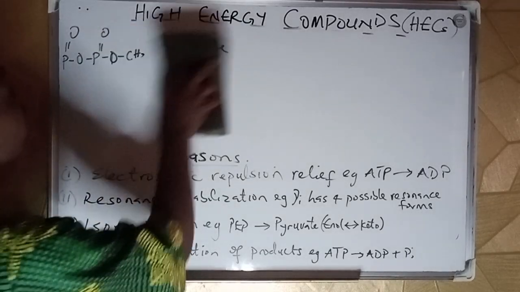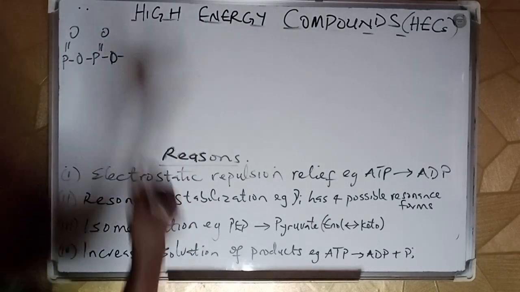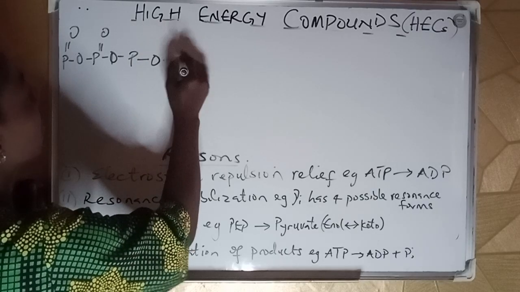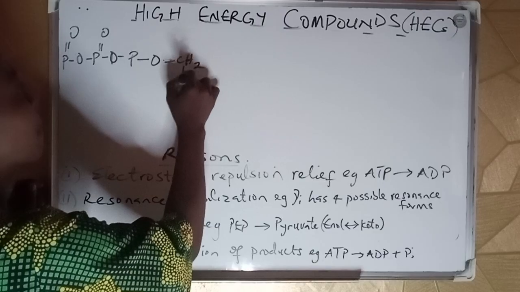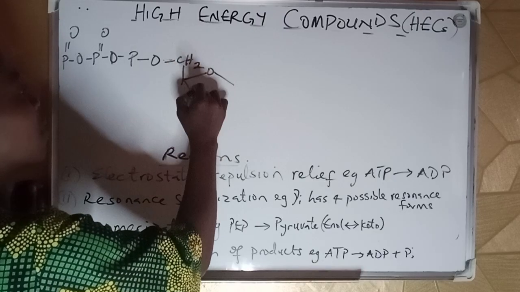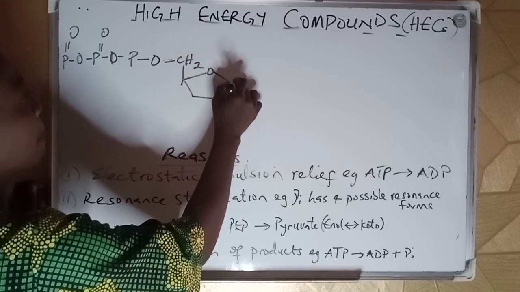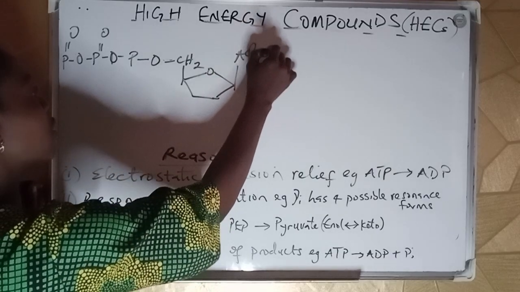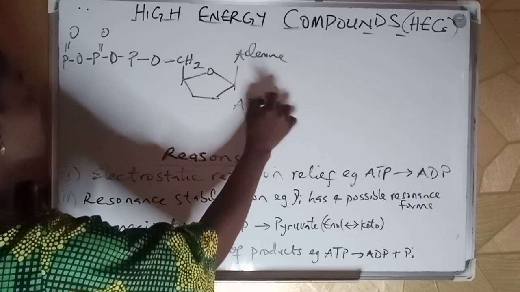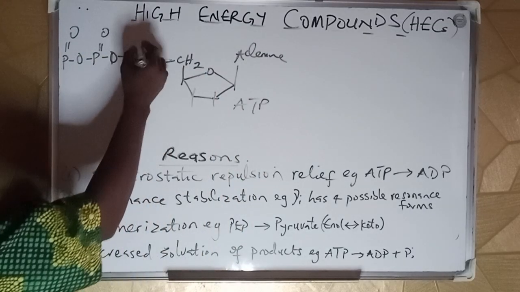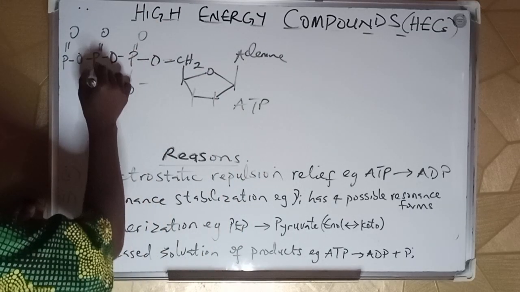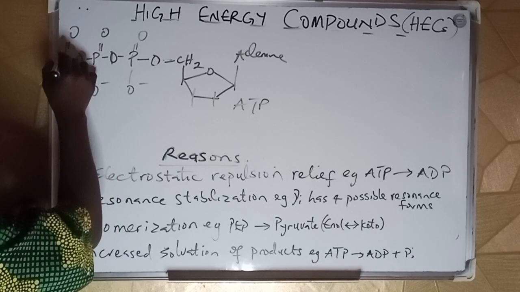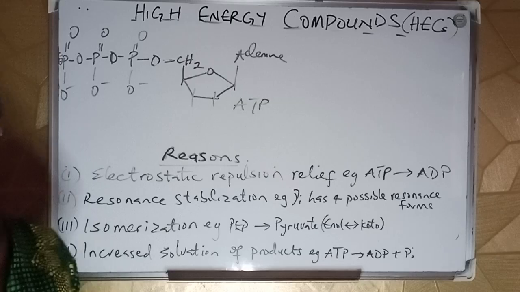You have your 3-phosphate bonds for ATP, and then you have your sugar. And then you have your adenine, ATP. So there's an oxygen here. 1, 2, 3, 4 negative charges.